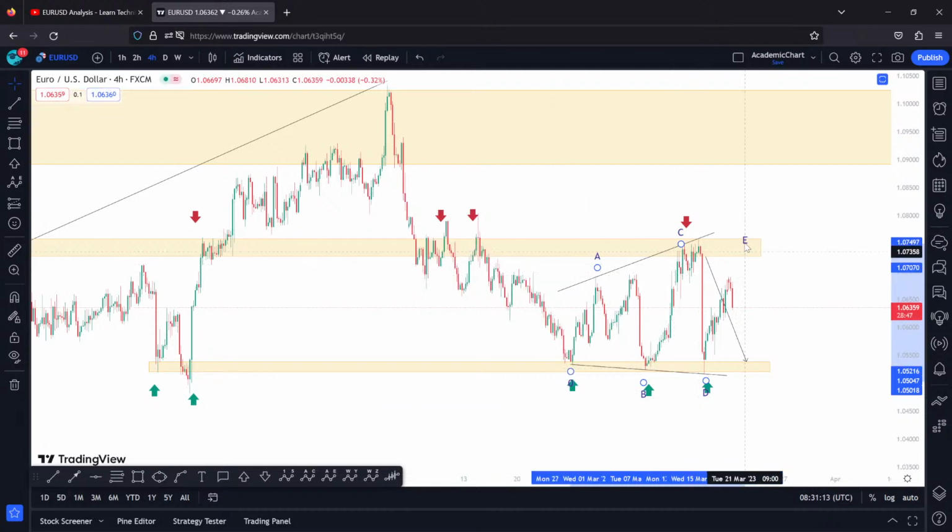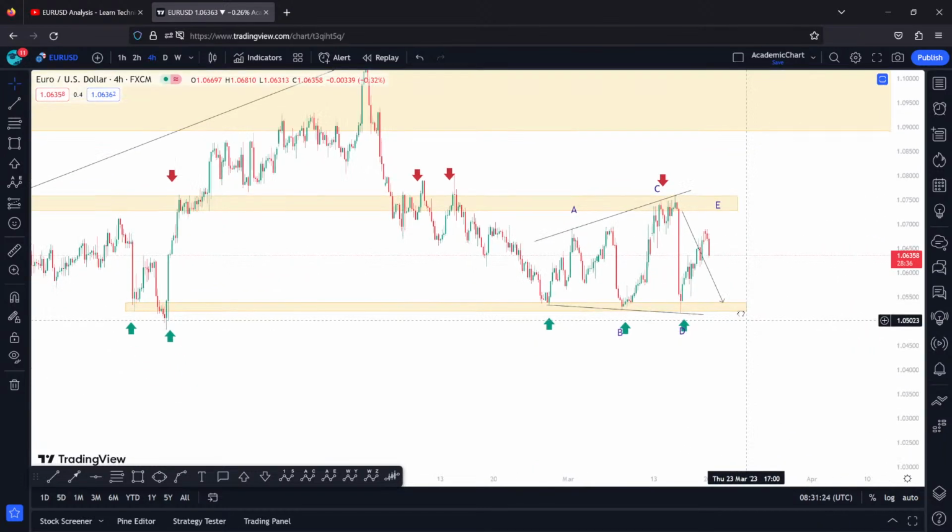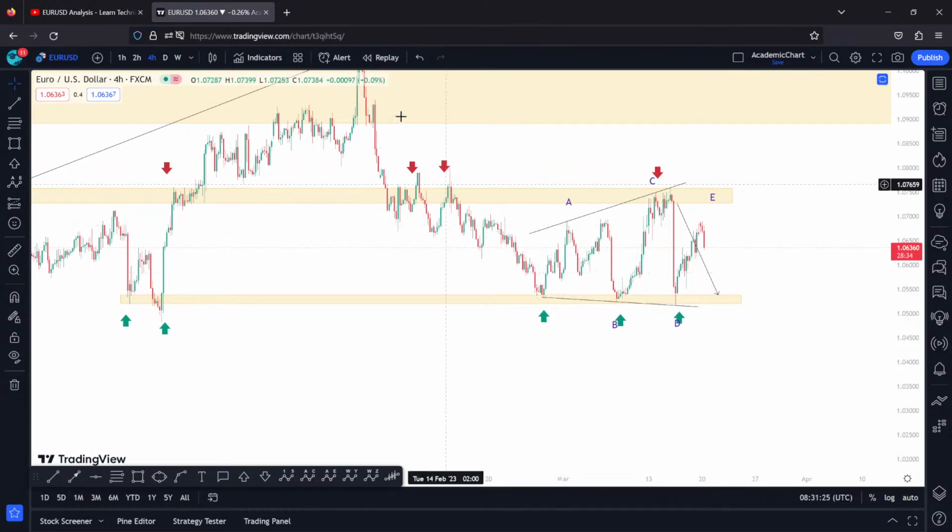So these are minor waves. I can see that it has been created as such, and these expanded triangles are continuation patterns. So it means that if they happen in any triangle, it is actually a continuation chart pattern.